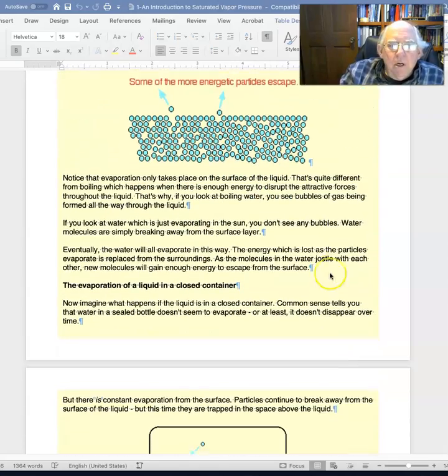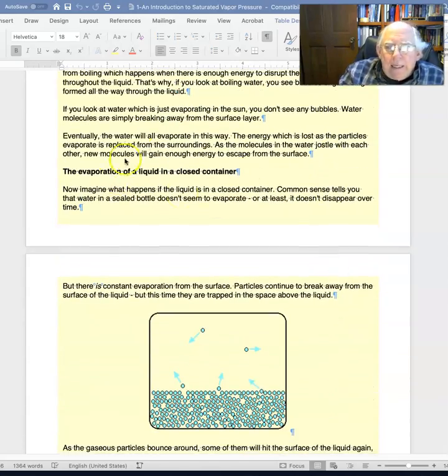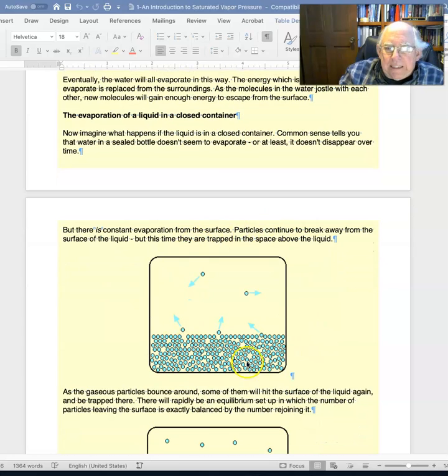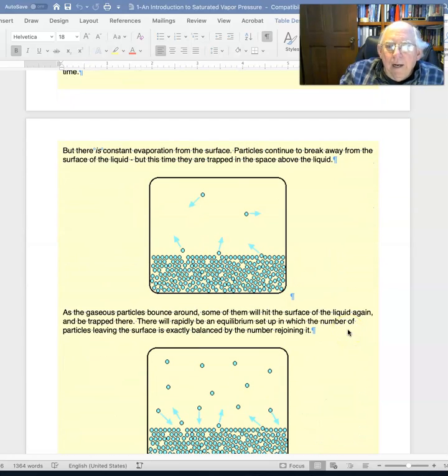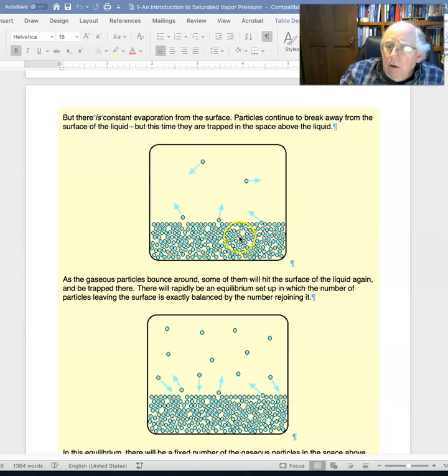If that liquid was in a closed container, what happens over time is that the molecules that are released and the molecules that are reabsorbed reach an equilibrium.